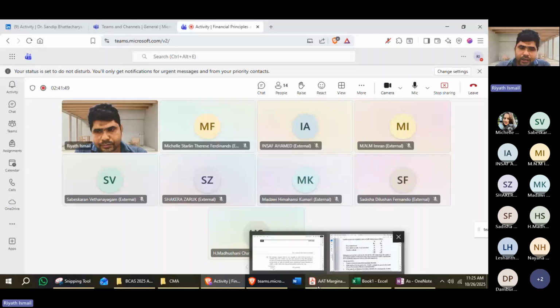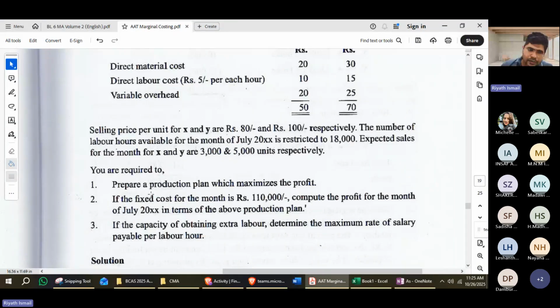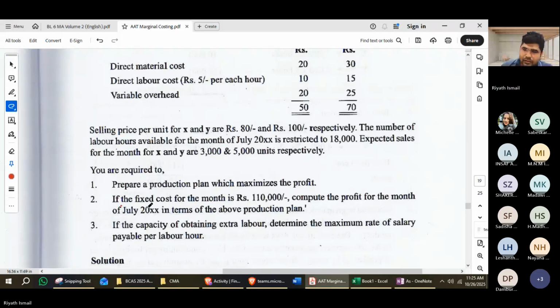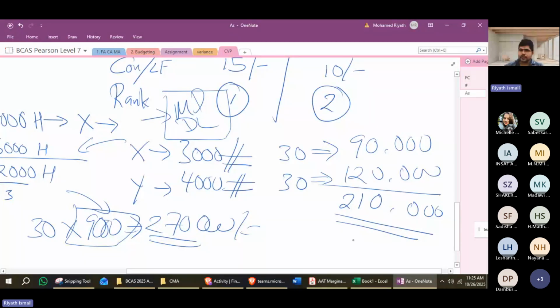Right, the second question: if the fixed cost for the month is 110,000, compute the profit for the month of July. Here, we are able to generate 210,000.